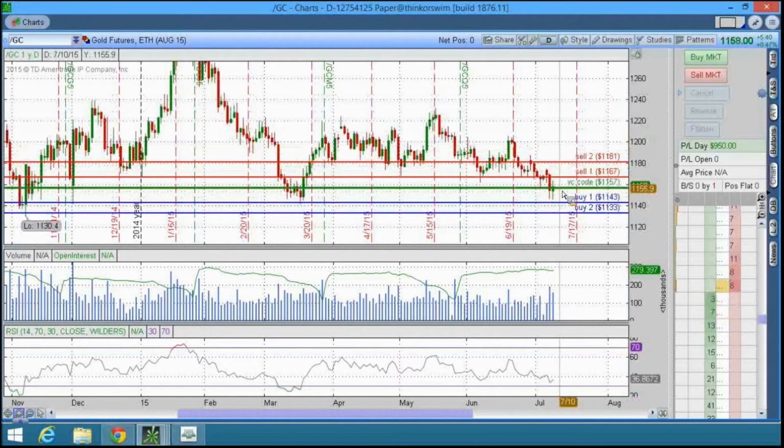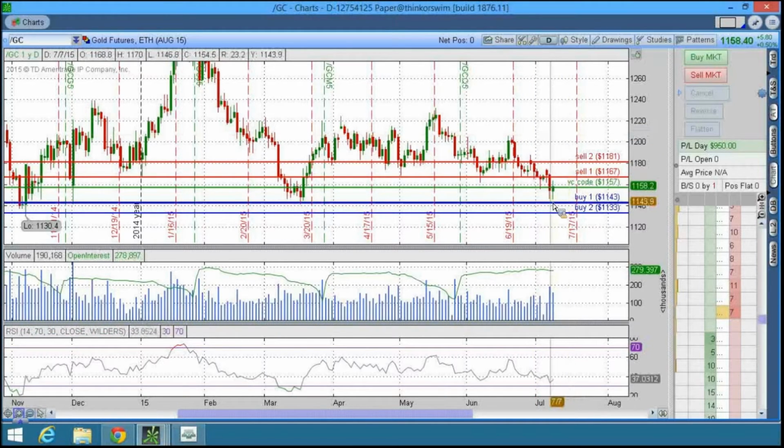If we close above 1157 for 2 days in a row, then we're putting into perspective the 1167 and 1181 targets, or the 1200 handle once again potentially to be tested. And so we seem to be in a trading range, almost at the bottom of the trading range, and you've got a solid $200 to the upside that I think we can accomplish.